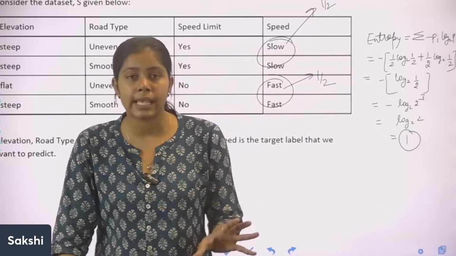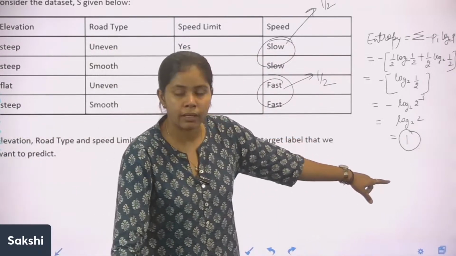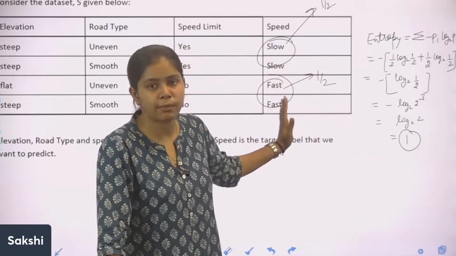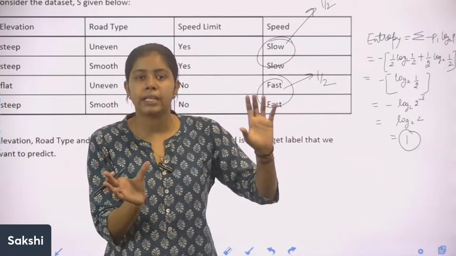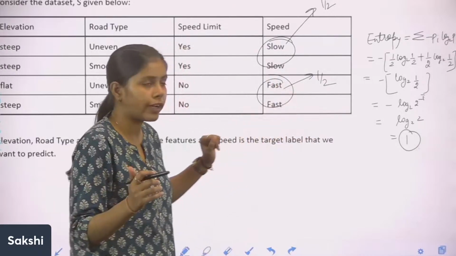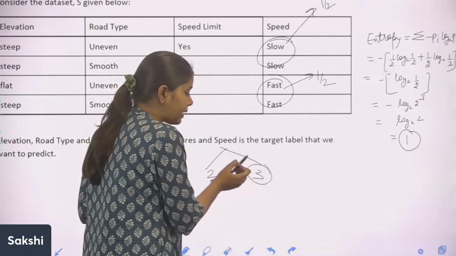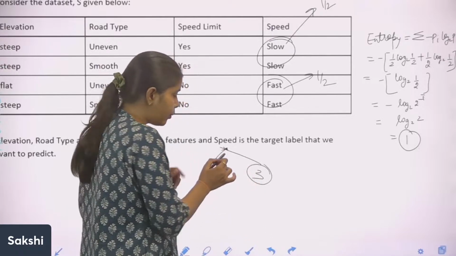So we can say that when we have a binary classification, we have maximum entropy 1, because you can see that it has maximum impurity. Why? Because it is dividing into two equal parts, two slow, two fast. If somebody is dividing between 2 and 3, I know the major part is here, and if I do not have any information, I'll go there.